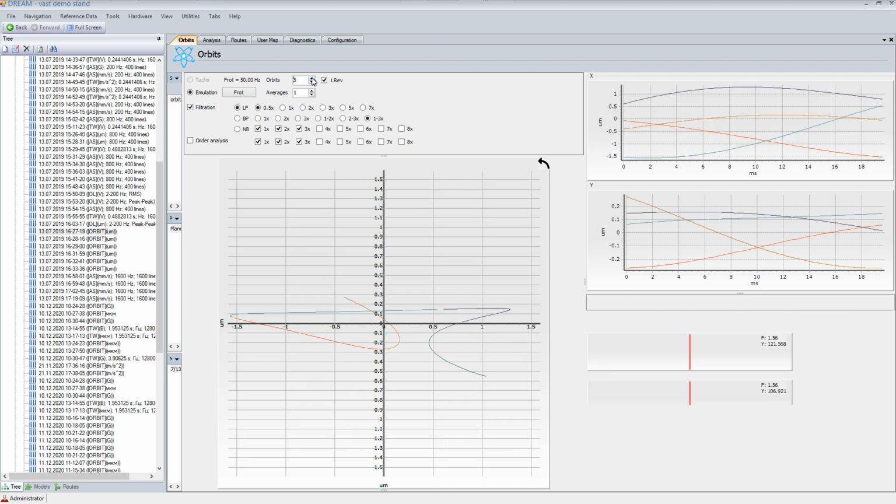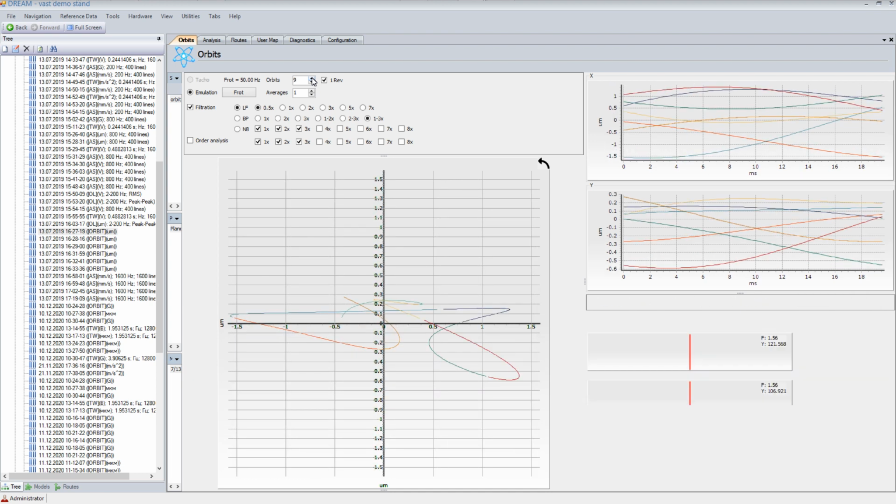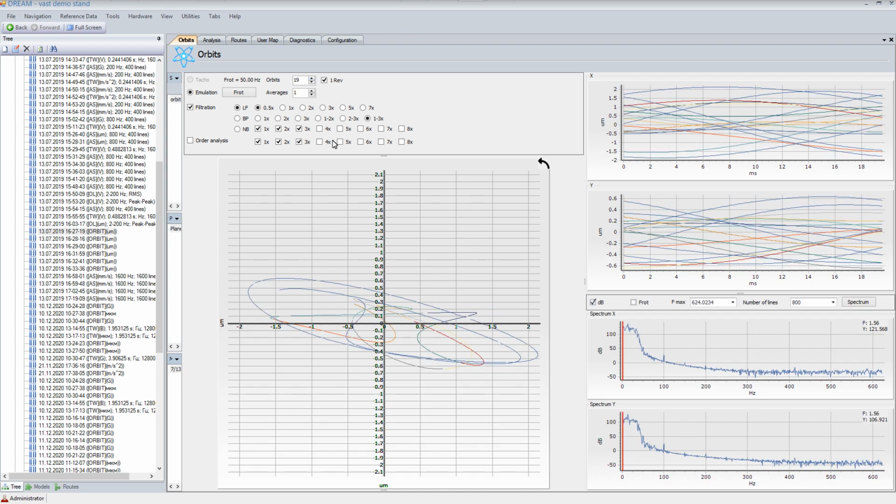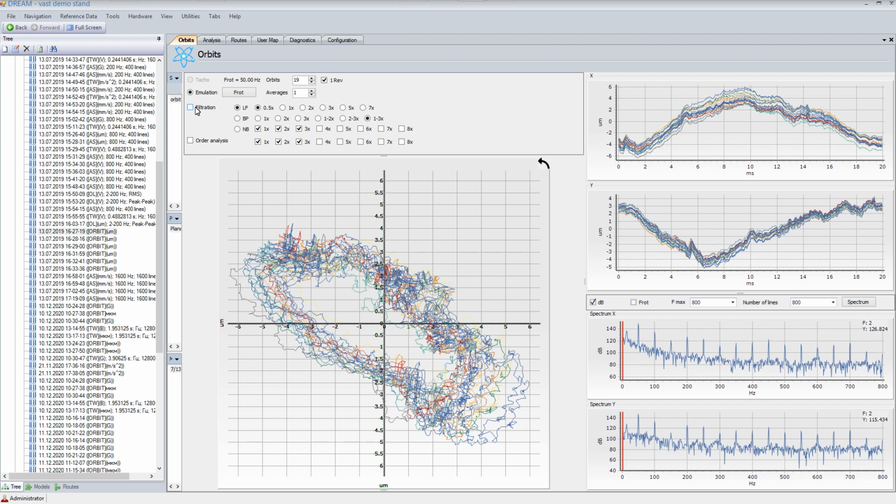During, say, 18 revolutions, it moves like this, and you can say that the amplitude of this movement is about 2 microns, and if we switch off the filtration, we see that the diameter of the orbit is 6.